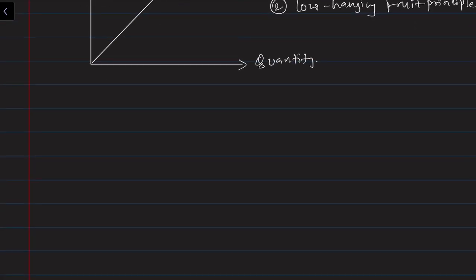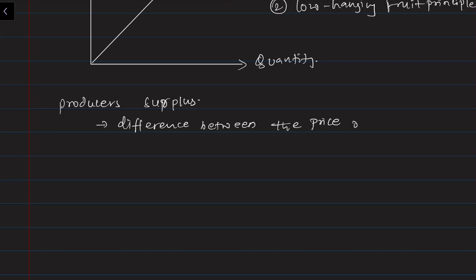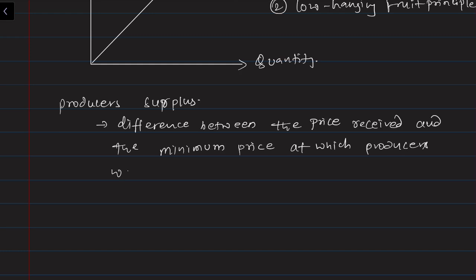Now let's understand the producer surplus. Producer surplus is the producer's gain from trade, the difference between the price received and the minimum price at which producers would be willing to sell.